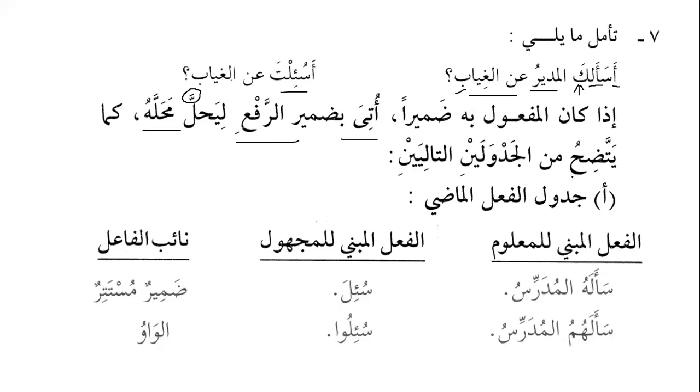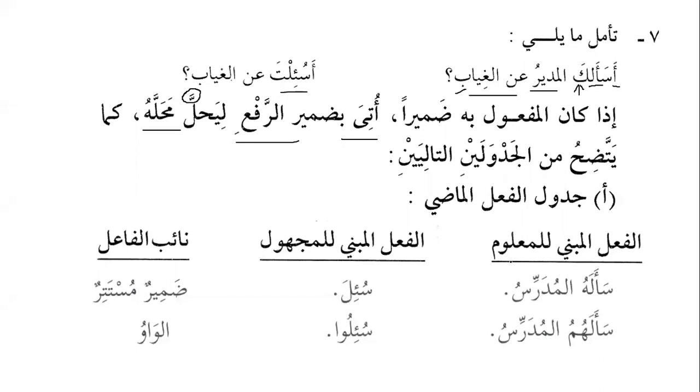Kama yattadihu, as it is clear min al-jadwalayn at-taliyayn, from the following two tables. So we have two tables. Jadwal al-fi'l al-madi, the first one is of the past tense and the second one will be of the present tense.